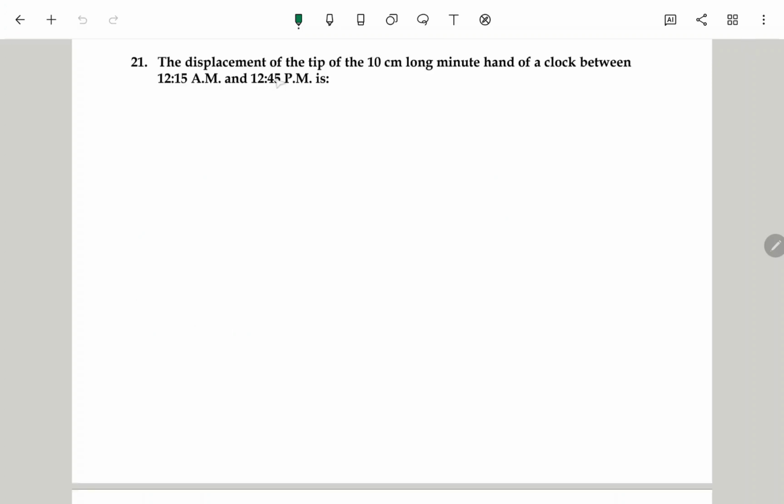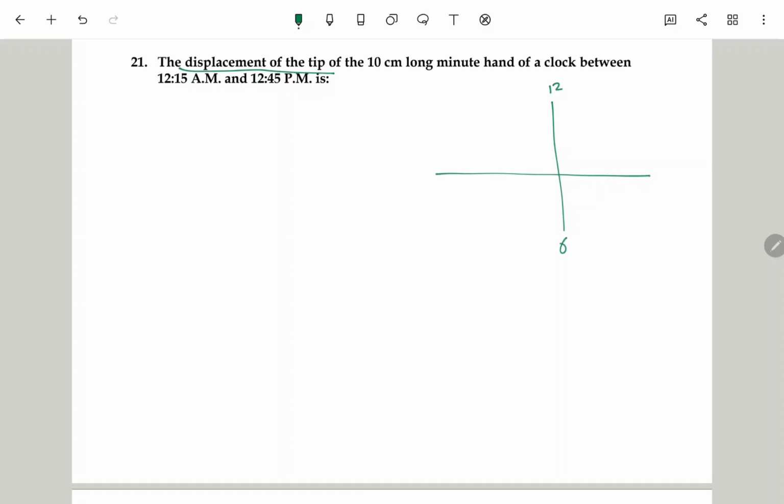The displacement of the trip of a 10 centimeter long minute hand of a clock between 12:15 and 12:45 p.m. We actually need to calculate the displacement of the trip. Now, if we draw a clock, and this is 12 here, and this is 6.